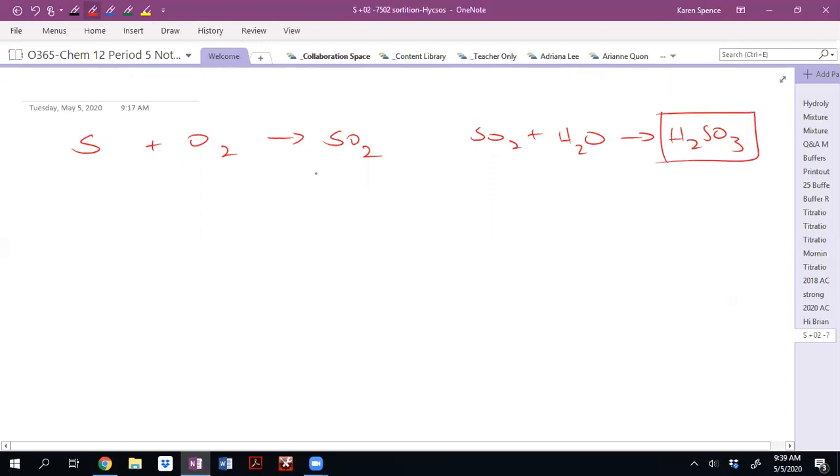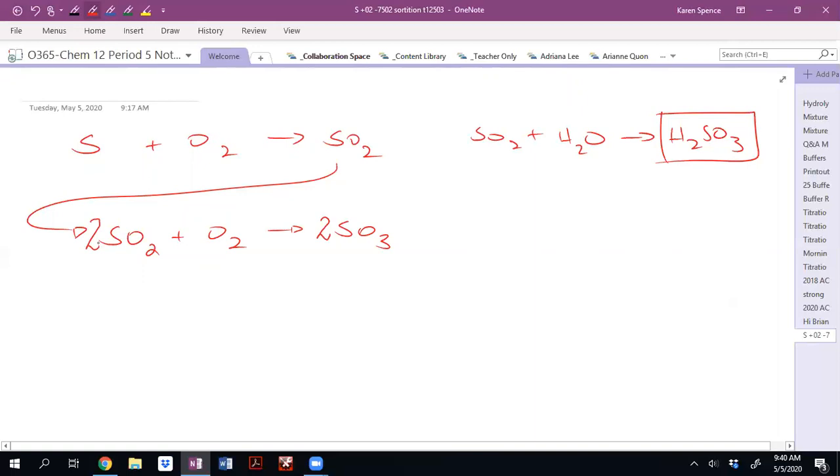Then we could actually have SO2 undergo further reaction to give us SO3. Now that's not balanced, but we'll be able to balance it by putting a 2 there and 2 there, and that should take care of it.